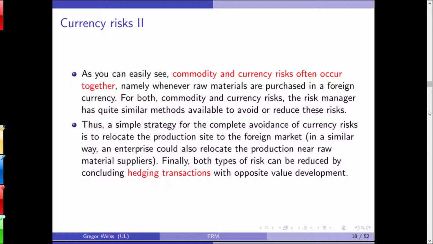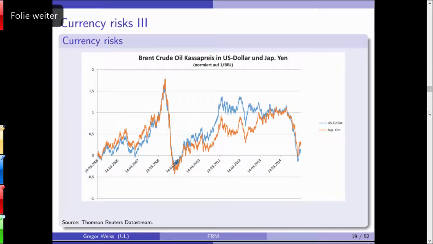There are not too many main currencies around, and financial derivatives are readily available. And then you can simply buy an option, a future or a forward contract, and you can hedge against this. We will later on see how this works. At this point, it suffices to say that you simply take the opposite position in the foreign currency to limit the risk that stems from this exposure to the exchange rate.